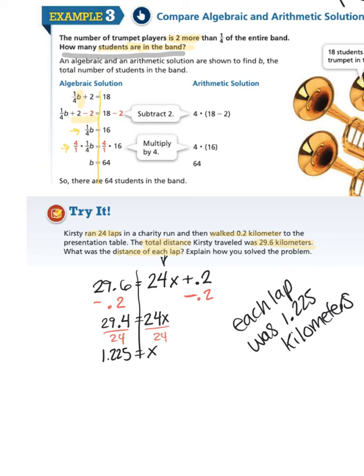Get rid of the constant that is not connected to the variable, so I subtracted the 0.2. Then after doing that, in order to get the x by itself, the opposite of multiplication is division, so I divided both sides by 24 to come up with x equals 1.225. Each lap was 1.225 kilometers long.